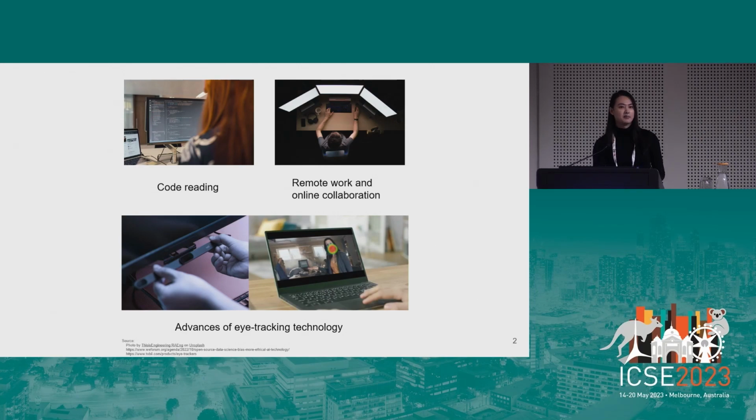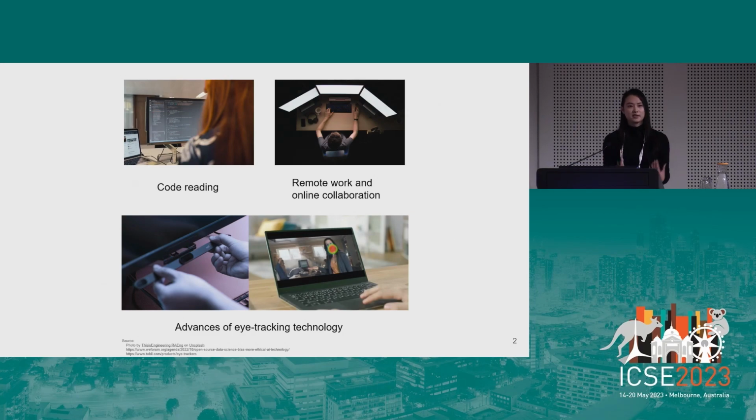In the meantime, in the past few decades, eye tracking technology has significantly advanced. On the one hand, dedicated eye trackers have become more affordable and accessible. On the other hand, even embedded webcams in laptops can perform eye tracking to a satisfactory degree.